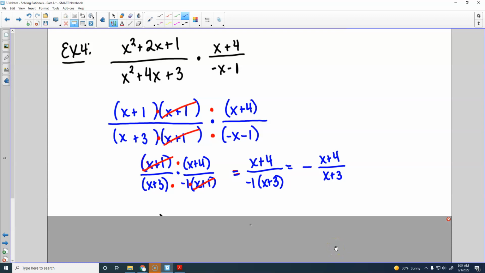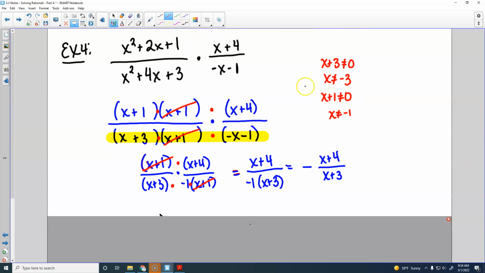I did not do my excluded values on this. So when we're looking at excluded values, we want to look at the denominator of the original, right? So for the denominator of the original, I would have x plus 3 cannot equal 0, which is going to give me just x cannot equal negative 3. I would need x plus 1 cannot equal 0, so x cannot equal negative 1.